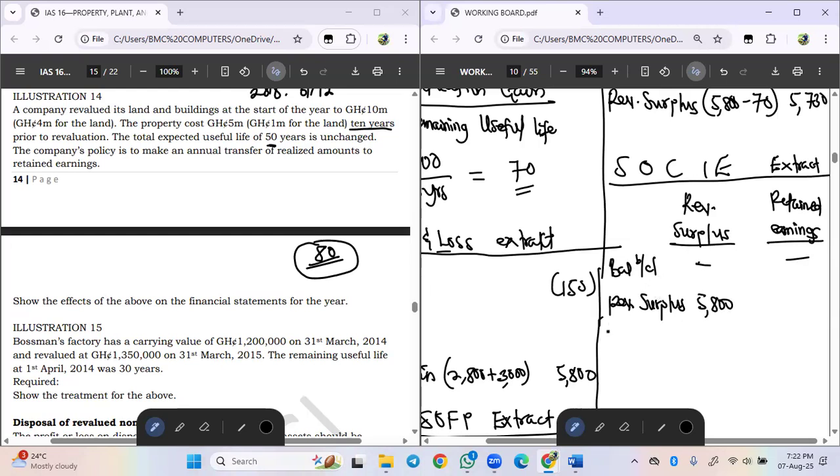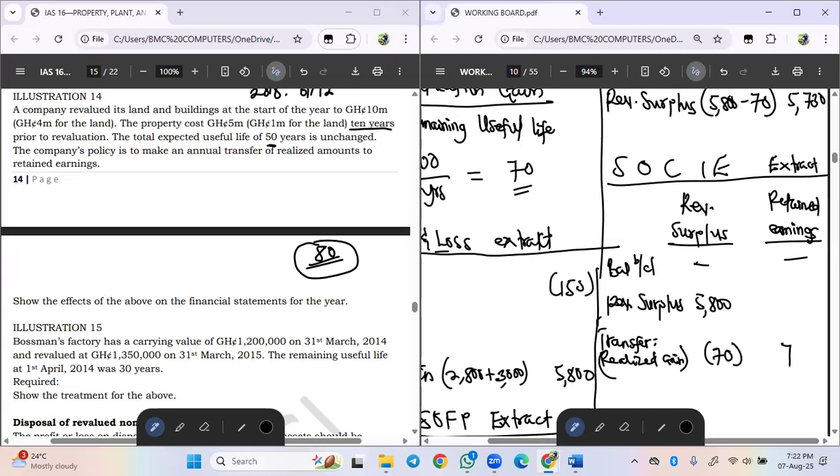Then you do that transfer. And what is that transfer? It's the realized gain, because that one is part of the revaluation surplus. So you have to subtract, or transfer, the 70 from the revaluation surplus and send it to retained earnings.